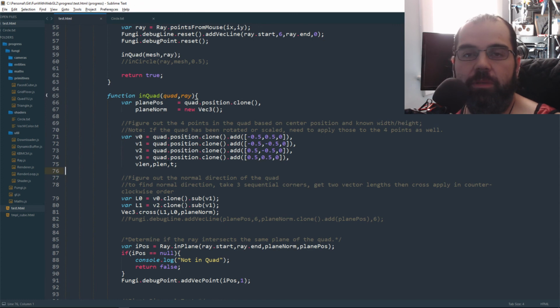If you're building something yourself, just take whatever values you have for rotation and apply them to all these 4 points. If you have a scale value that's not 1, apply scale to it. And same thing with position, just add position.